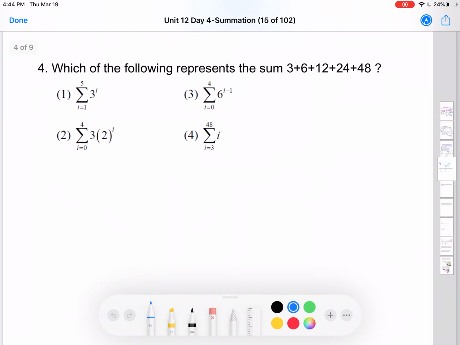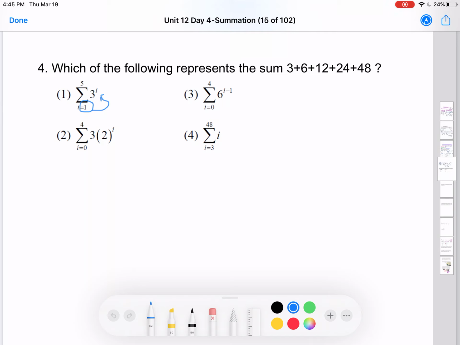Okay, next. They give me the sum written out, and they want to know which one of these rules would create this. What I like to do is look at what happens if I plug the first one in. Now this i is just a variable i, it's not i imaginary. If I plug in the 1 there, I get 3.